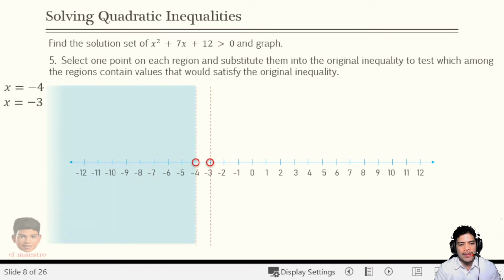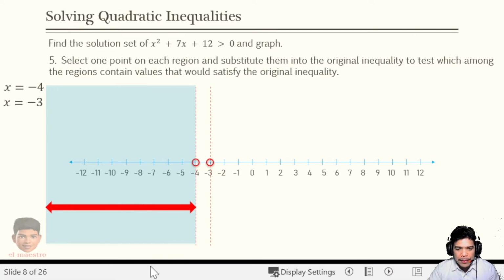This region here, meaning from that point, negative 4, going to the left. So, if mapapansin nyo, from this line going here, ang mga values ng x natin is negative 5, negative 6, negative 7, negative 8, negative 9, negative 10, negative 13, negative 20, and to infinite negative. So meaning, lahat ng value ng x dito is less than negative 4.